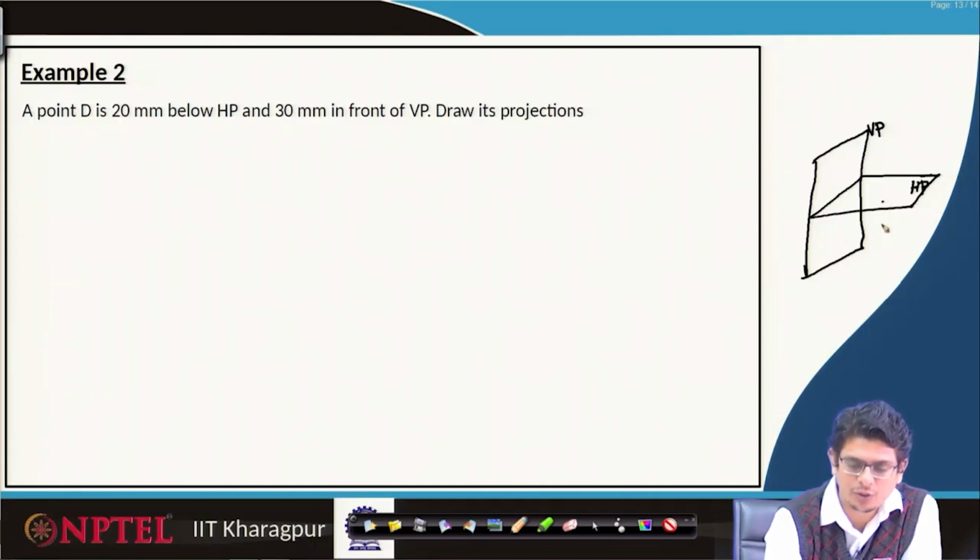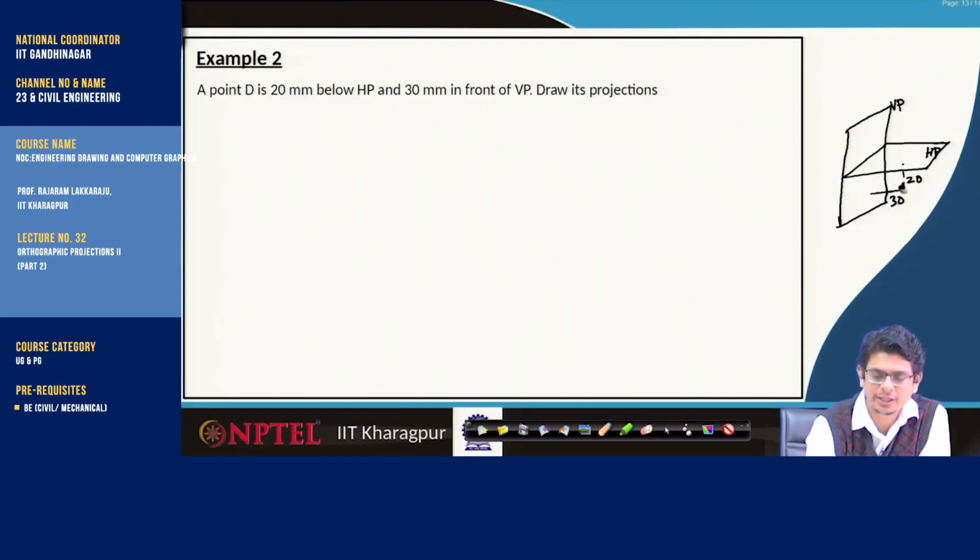So, 20 mm go down somewhere there, and it is 30 mm in front of VP. If I am measuring from the vertical plane, this will be 30. If we are measuring from the horizontal plane, that will be 20. So, your point D is in the 4th quadrant. Though we would like to draw projections from the 1st quadrant, the point itself is in the 4th quadrant, that we have to represent by the first angle projection technique.